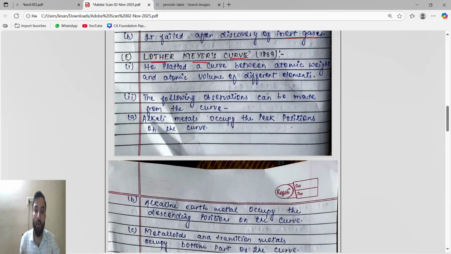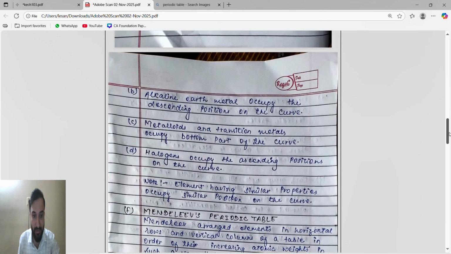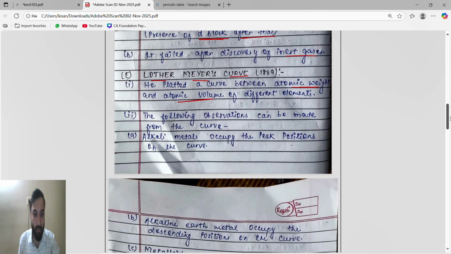Lothar-Meyer's curve. It's not important to remember its curve. Just understand a few things. Lothar-Meyer's curve. What happened? He plotted a curve between atomic weight and atomic volume of different elements. Guys, these are the important points you have to understand. Otherwise trouble will happen.